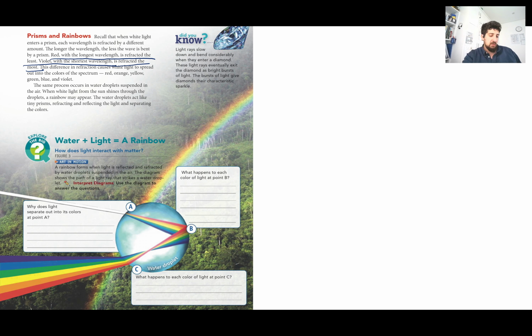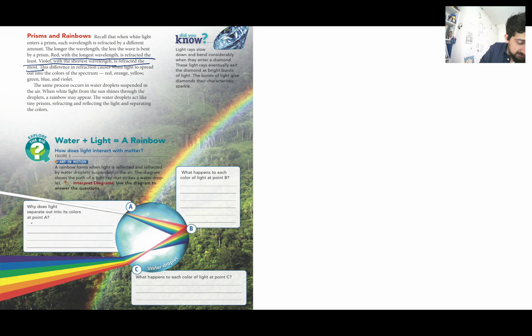So we've got what looks like white light over here. Then we've got some rainbow colors. Some of them are getting reflected and then sort of twisted, and then they leave. Interesting. Now let's read the questions. Why does light separate out into its colors at point A? Well, that's quite easy. That is due to refraction.